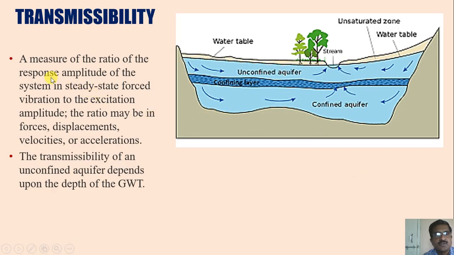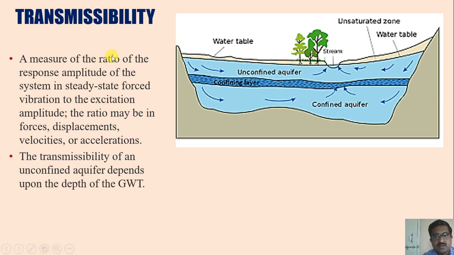Transmissibility, a measure of the ratio of response amplitude of the system in a steady state forced vibration to the excitation amplitude. The ratio may be in forces, displacements, velocities and accelerations. The transmissibility of an unconfined aquifer depends upon the depth of the groundwater table.